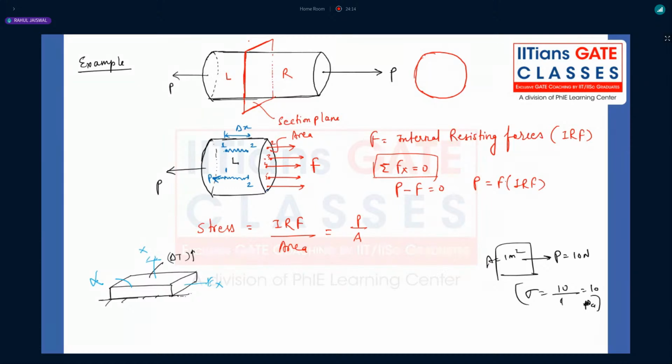Because of delta T, the thermal energy we are supplying, this body is able to expand freely. So this body will not develop any kind of internal resistant forces. So the stress will be zero in that case. All of you are getting my point?